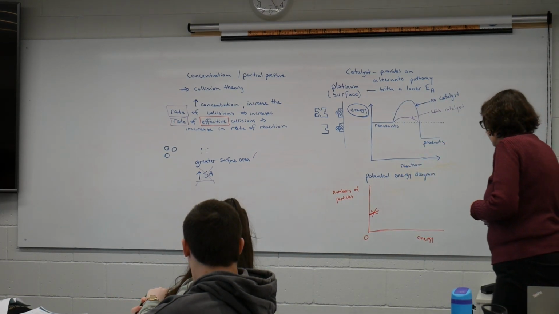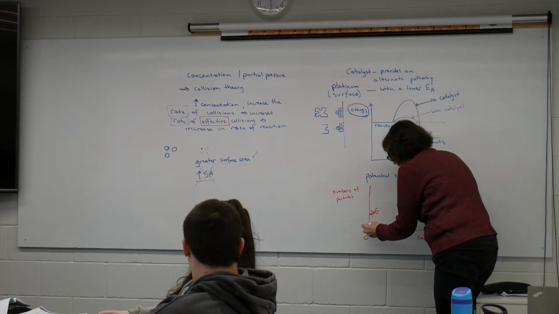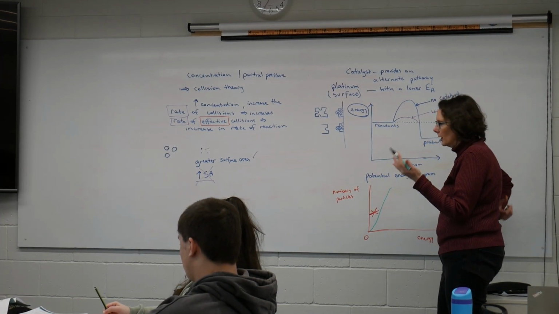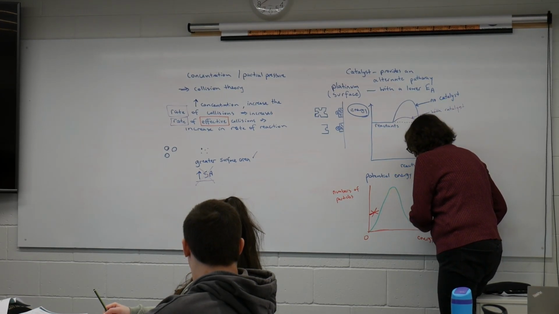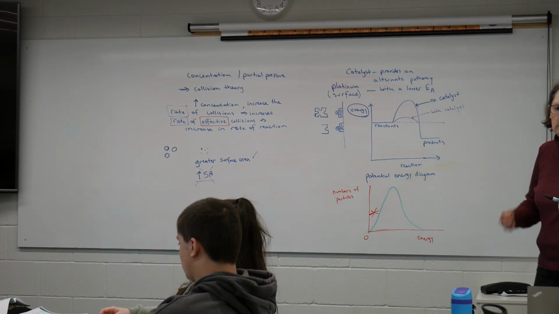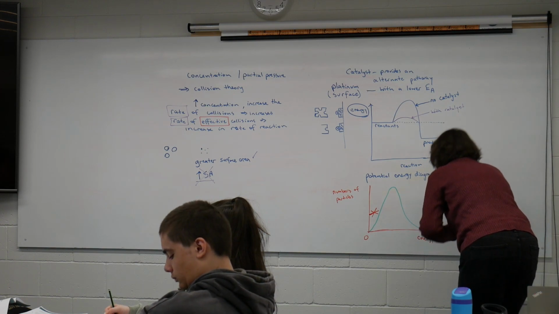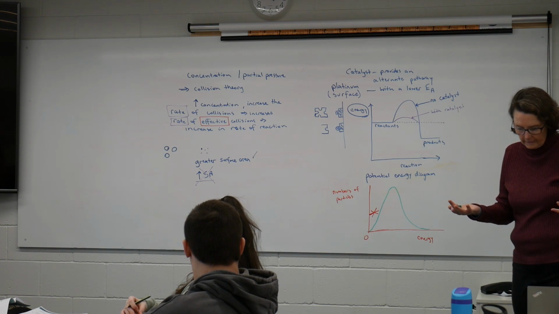But we're not going to have many that have low energy. We must start here, and we're going to have more and more particles that have some energy. And then it's going to tail off, where we've got less and less particles with high energy.